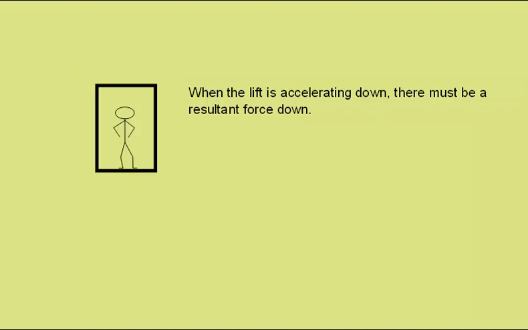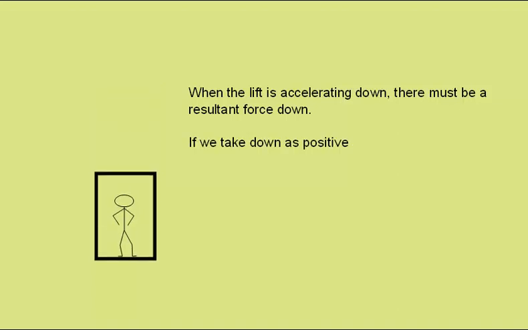When the lift is accelerating down, there must be a resultant force down. If we take down as positive, the resultant force will equal the weight, which is already acting down in the positive direction, minus the reaction force. As the reaction force is acting up, it acts in the negative direction.